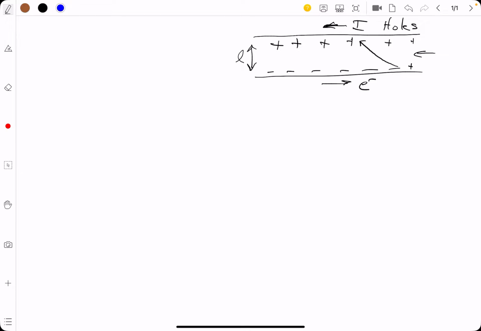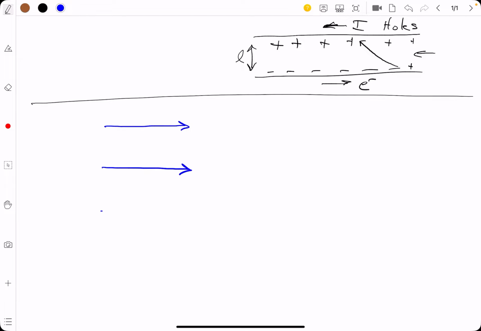All right, so let's do this thing. So we've got a wire. We've got a B field. I'm going to draw the B field first, okay?